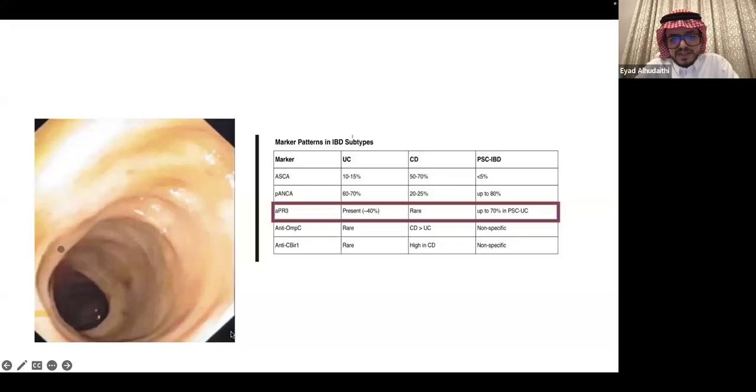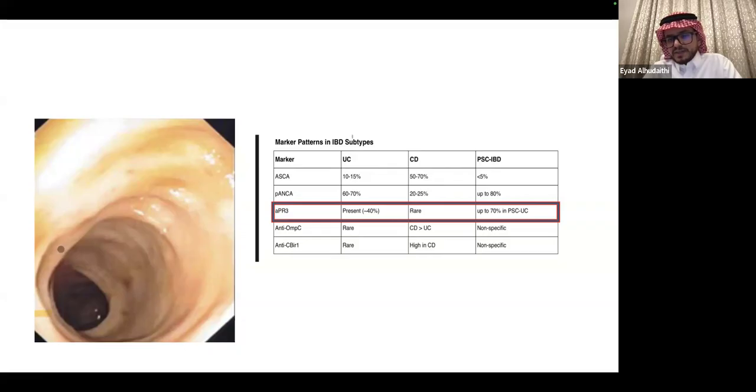It's not very clear in the picture, but we are in the colon and the look was as if you are in the TI. And again, as we said before, one of the important markers is anti-VR3. It's present in up to 70% of patients.